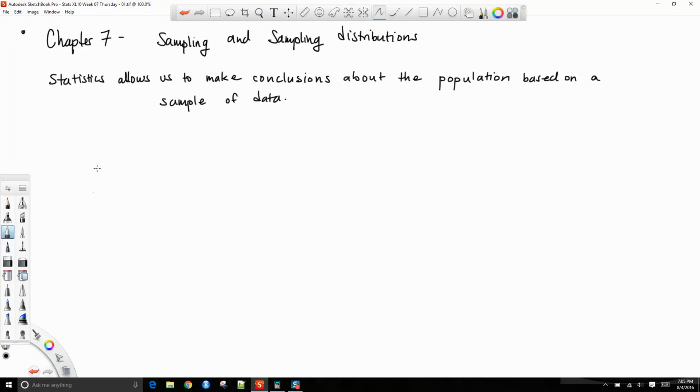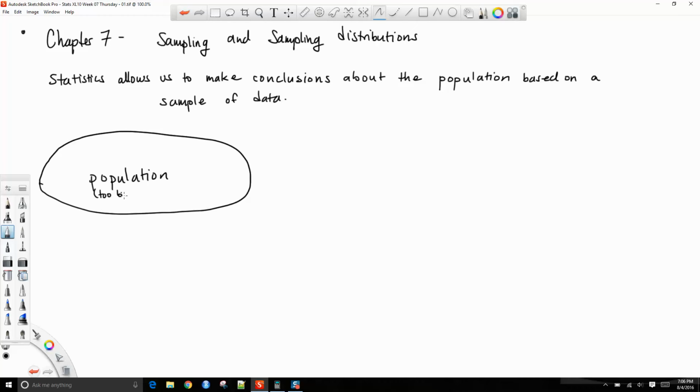Okay, and the idea being that the population is this large entity that is too big for us to observe directly. So what we have to do is take just a tiny little sample out of it, and we observe the sample.